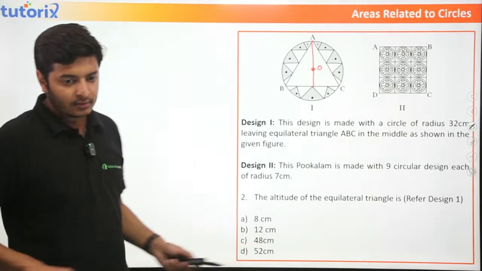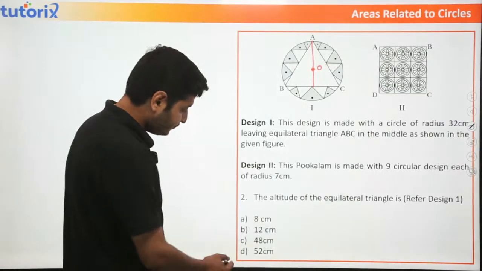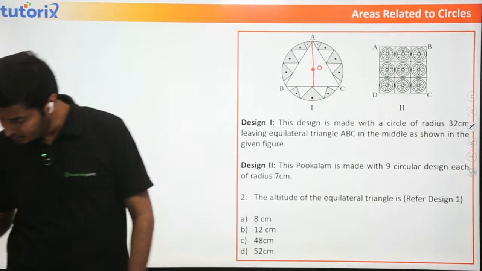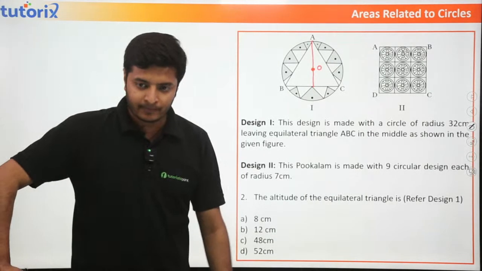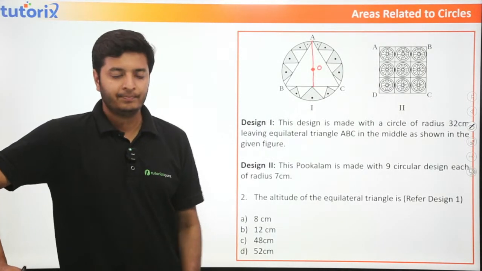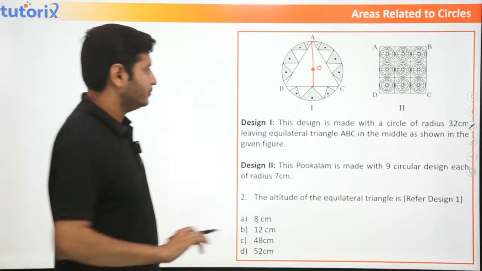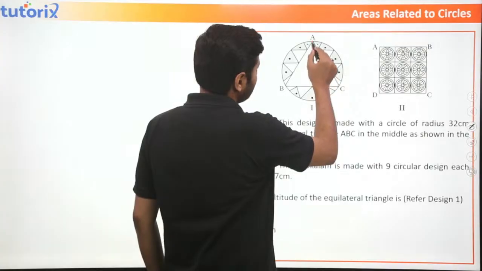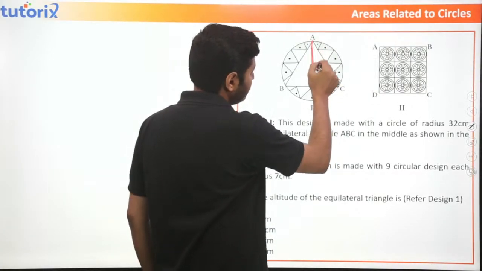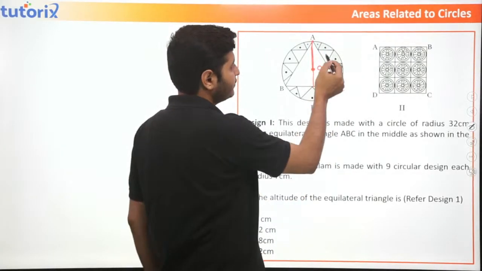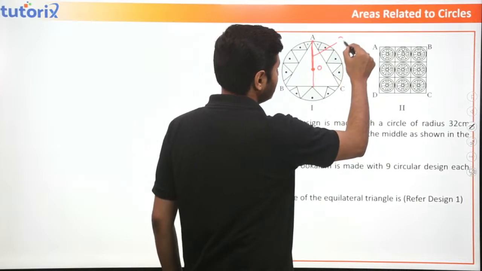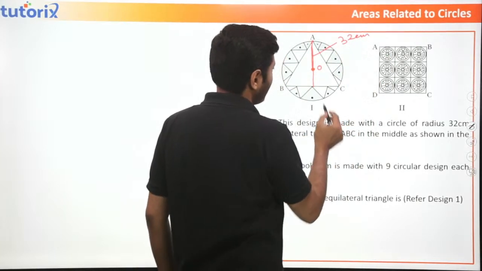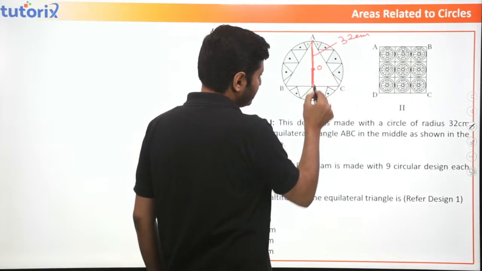Answer is C. Adya is saying C. Yeah, correct answer. C is the correct answer, Adya. Okay, how to find this mean part? See, we already know the length of OA because OA is the radius of this circle, that is 32 centimeter. So we only need to find the length of this thing.